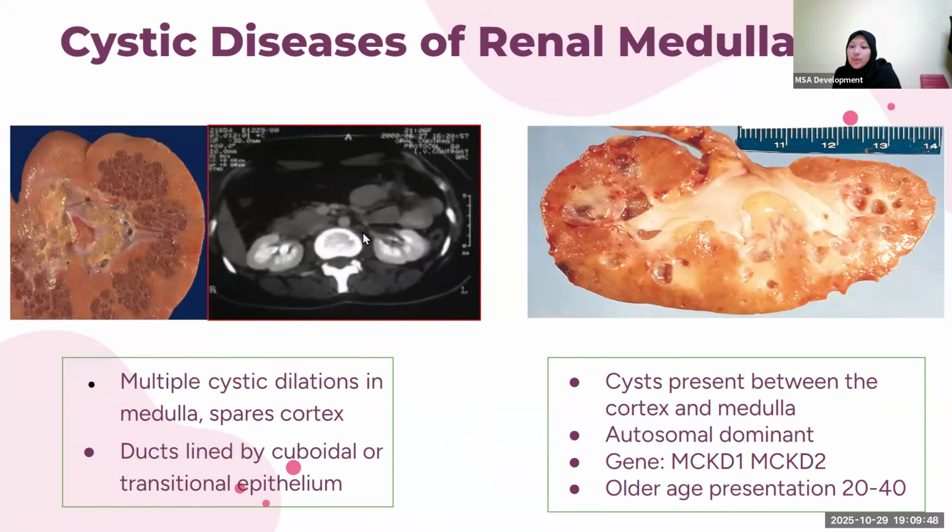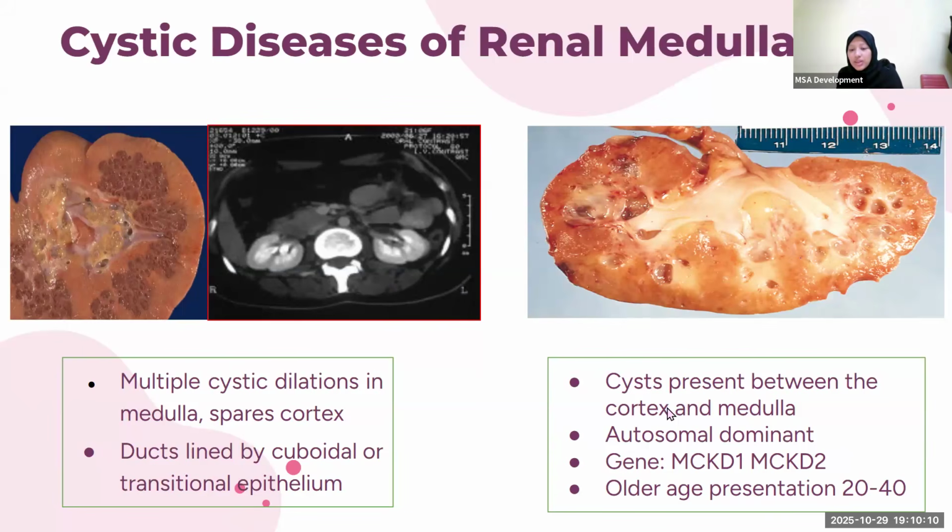Now, this one here, however, the cysts are not completely in the medulla like here. They are in between medulla and cortex. You will see cysts in the middle of the cortex and medulla without it filling like this one. That is called medullary cystic disease.